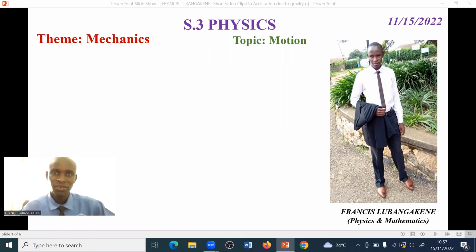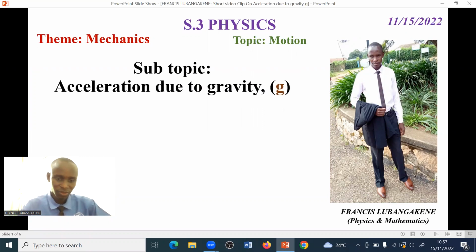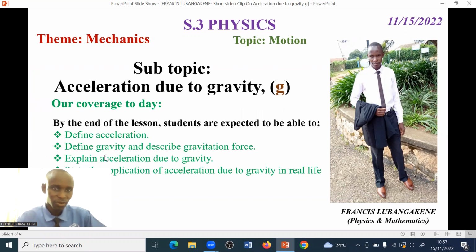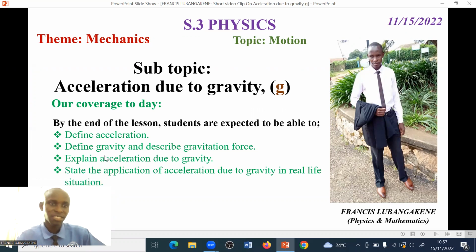We shall discuss something in mechanics of senior 3 physics, and we shall have motion, and our today's subtopic will be acceleration due to gravity. Under acceleration due to gravity, we aim at achieving basically few objectives, and these objectives are as follows.